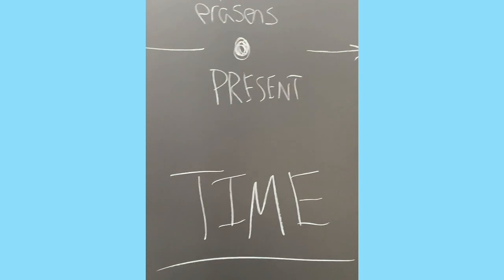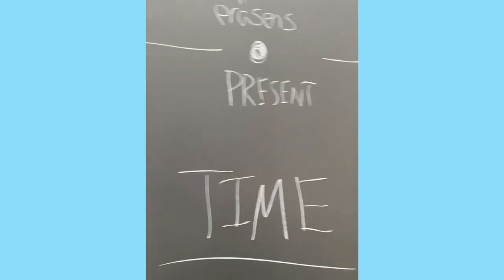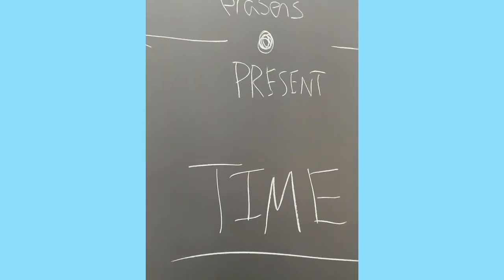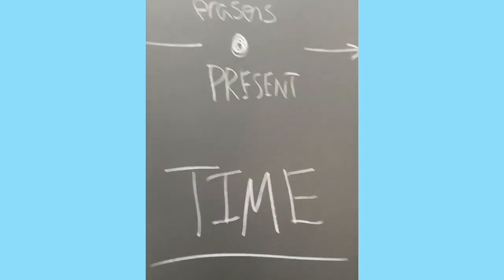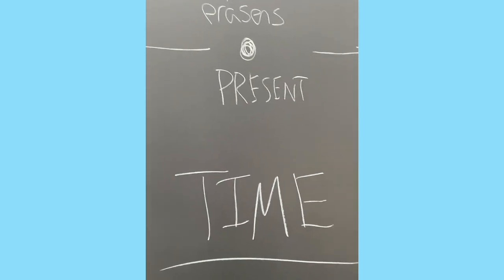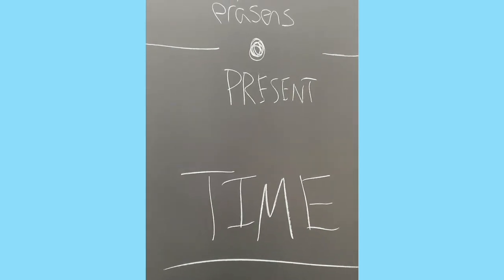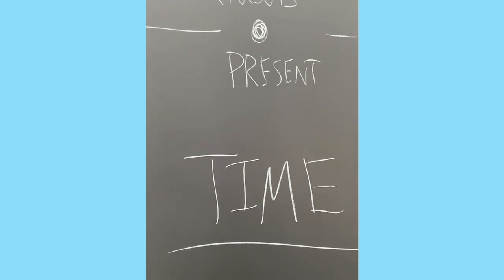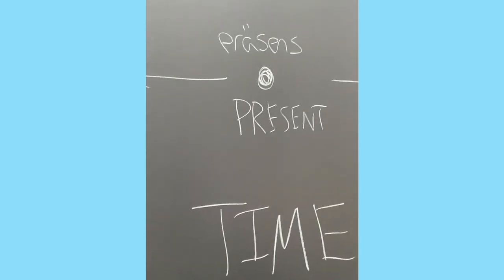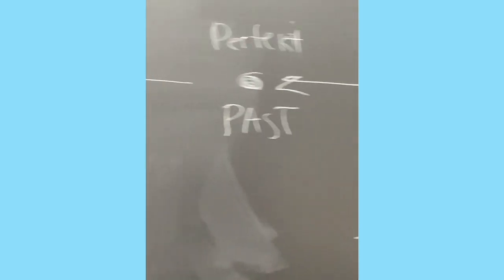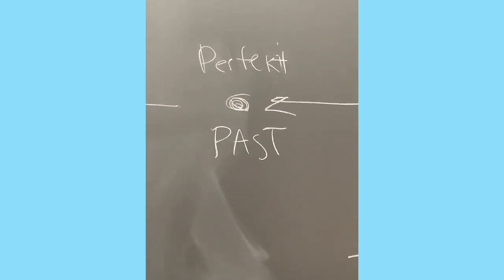So now to recap, here is a visual of our time traveling that we're doing with our past tenses. So we start in the present, Präsens, and you can go to the future, which we did not discuss yet. So we're going to go back to the Präsens, and then we can go to the past, which is Perfekt.